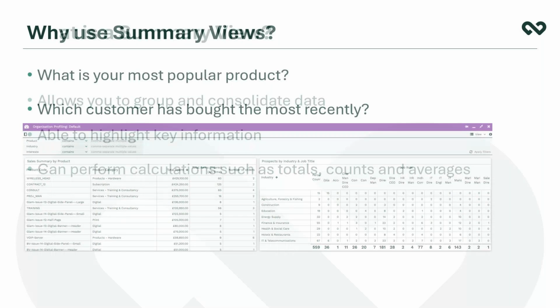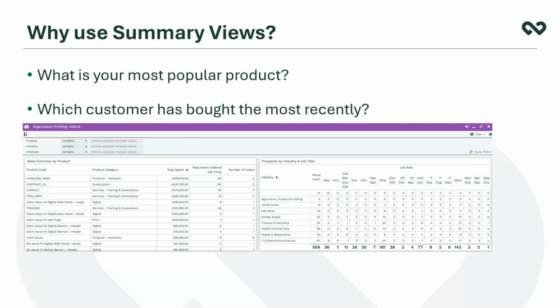Now, this sounds good, but why would you actually want to use them? You may have a report that's based on customer orders. A summary view can help you see what your most popular products are, or even which customer has bought the most from you recently. It can also be added to a dashboard and a springboard.